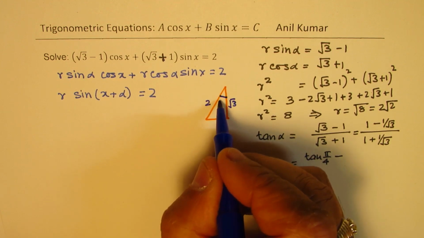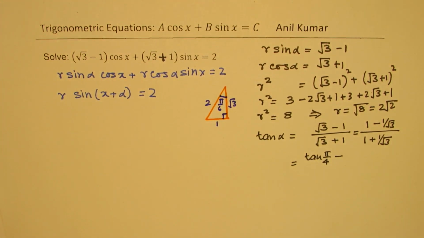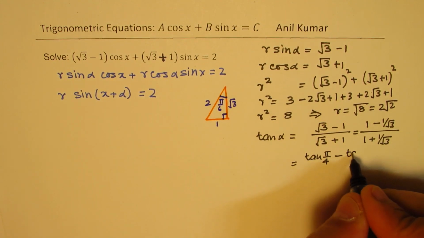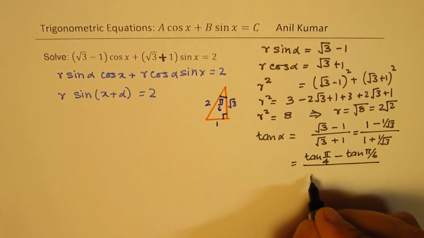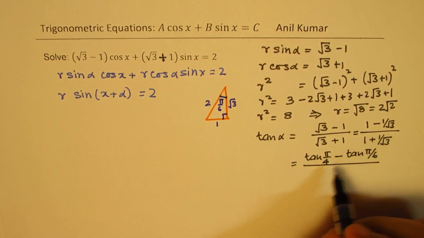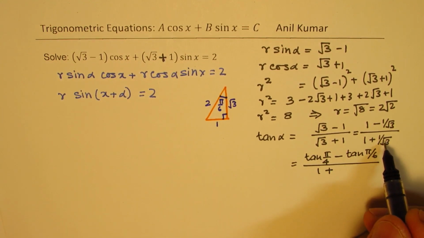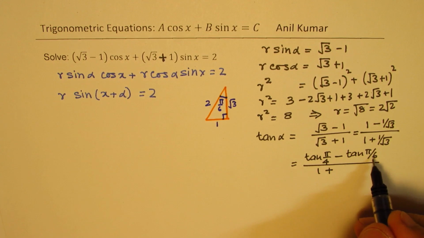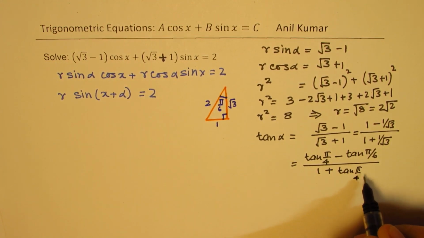So we'll look into this angle, which is pi by 6, correct? So we get tan of pi by 6 over 1 plus, you could write this as product of tan pi by 4 and tan pi by 6, just to complete the formula, right?